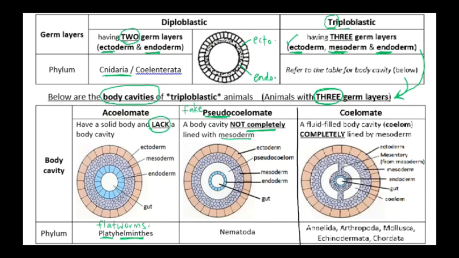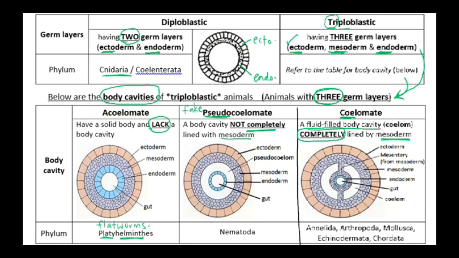What does pseudocoelomate mean? It means that it has a body cavity, but it is not completely lined with mesoderm. What does it mean by not completely lined with mesoderm? Let's look at coelomate, then you will be able to understand what is pseudocoelomate. Coelomate is a fluid-filled body cavity. It's completely lined with mesoderm. We learned it just now. Meso is the layer in the middle.